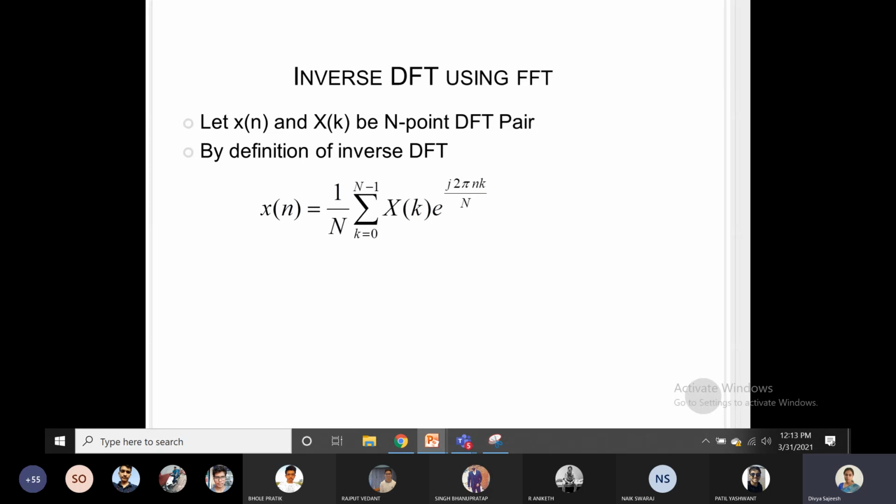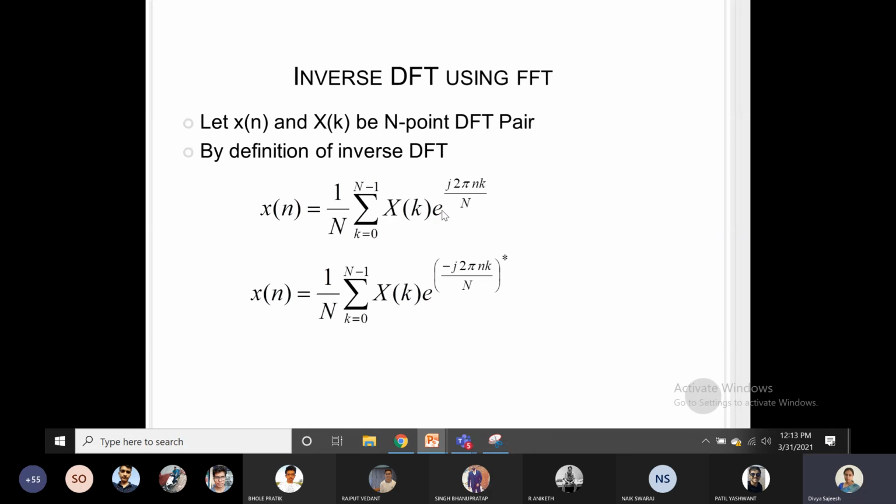Now we need to apply through the FFT algorithm how I can apply this inverse formula. Our FFT algorithm is mainly based on the Twiddle factor. Now we have to write this e raised to j 2 pi nk by N in terms of the Twiddle factor.